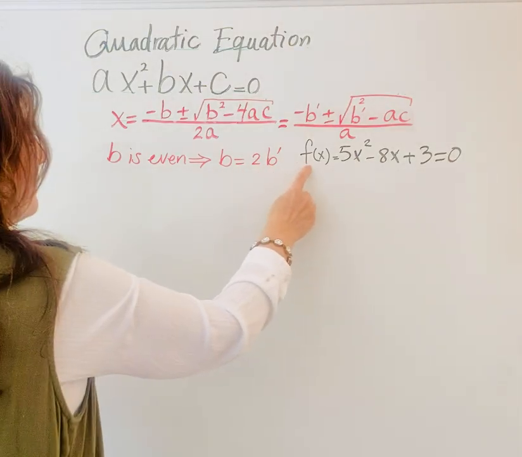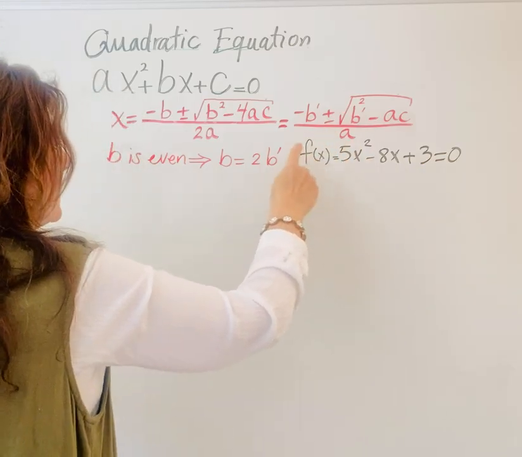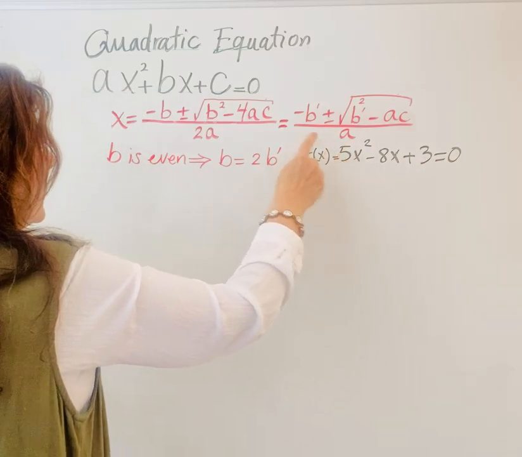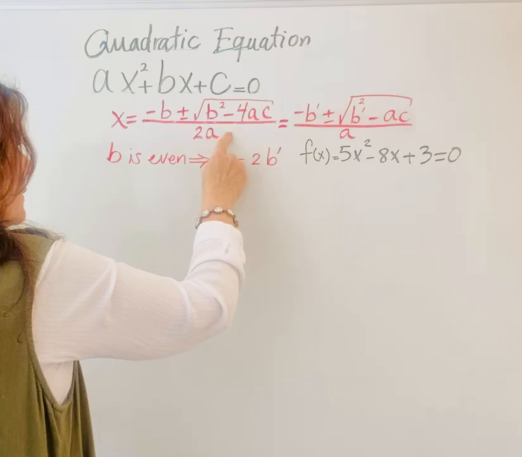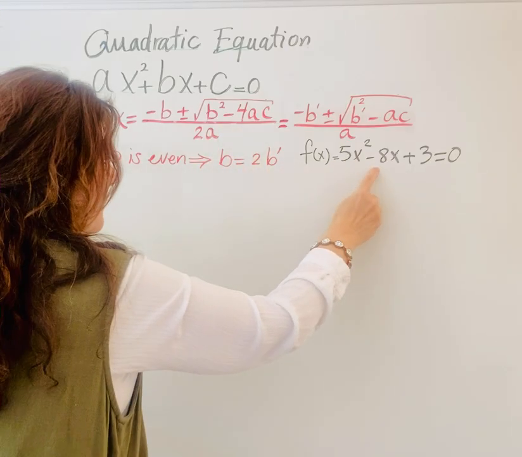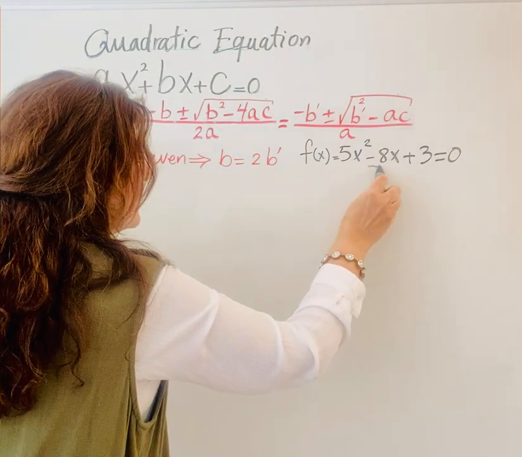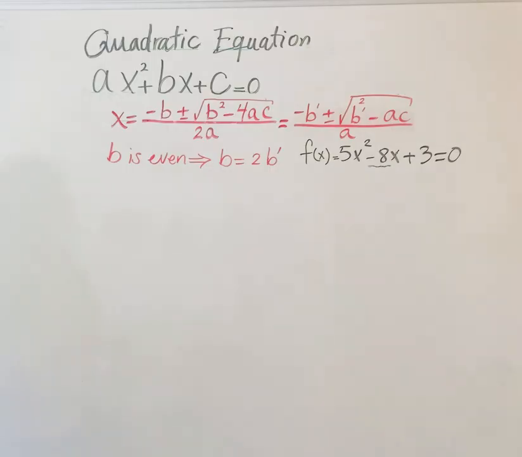If we have an f of x, a quadratic equation, equal to 0, we can solve this exactly with this formula but a little bit simpler, if b is an even number. In this case, b is an even number, negative 8.